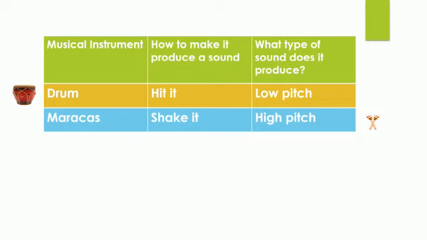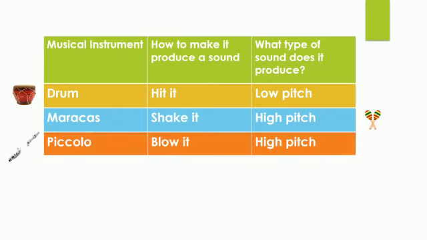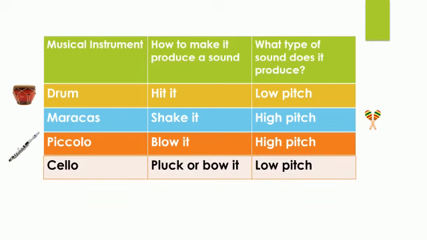We can play maracas by shaking it and it produces a high pitch sound. We can play the piccolo by blowing it and it also produces a high pitch sound. And we can play the cello by plucking or bowing it, and it produces a low pitch sound.